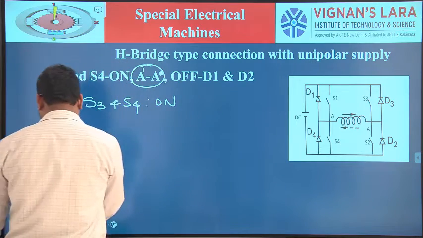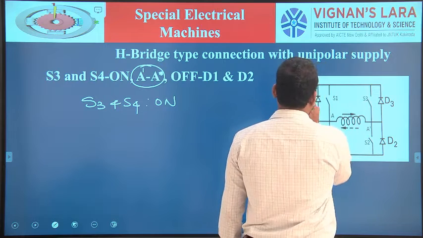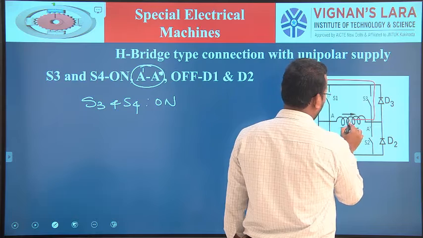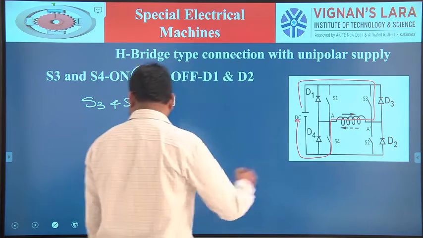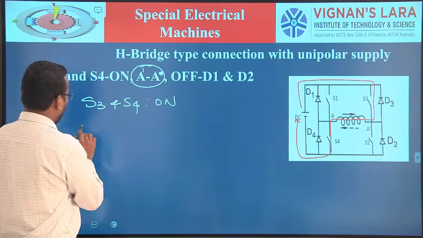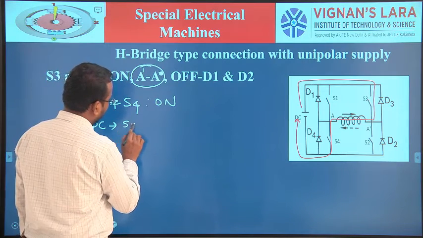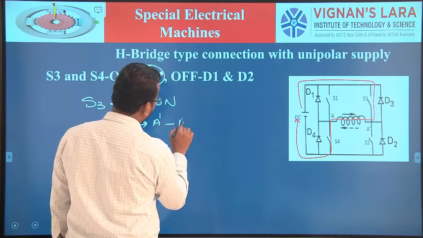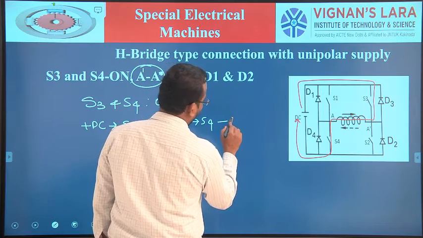Here is S3, and S3 is going to close. The current flows from A prime to A, and S4 is closed like that. The current direction is positive DC, then S3, then A prime to A, then S4 and minus DC.